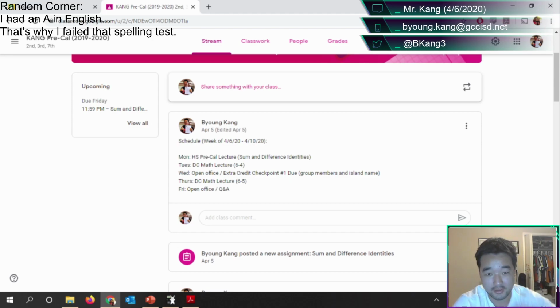The reason is that when we officially started online schooling, they changed the weights of all the grades. Homeworks are now 80% and tests are now 20%. That means a missing homework would negatively affect you way more than before, because before, homework was only 20% or 15%, depending on your class.